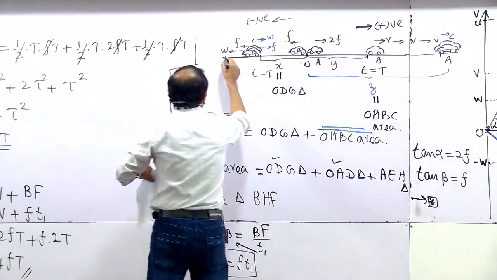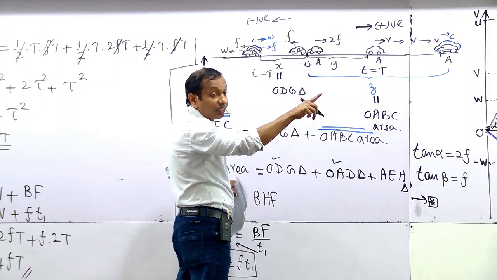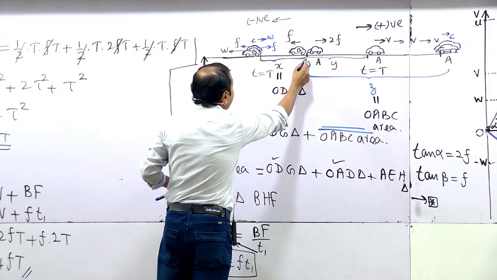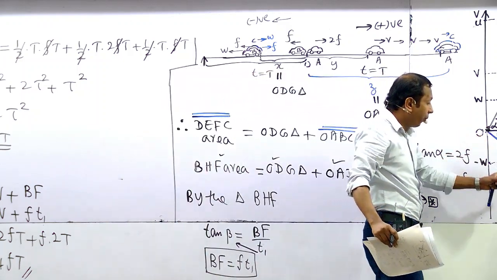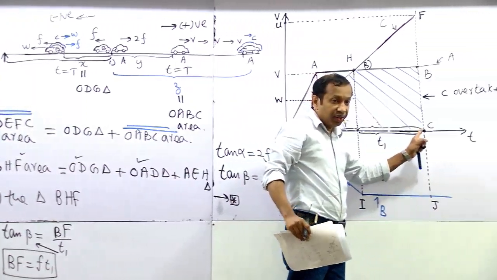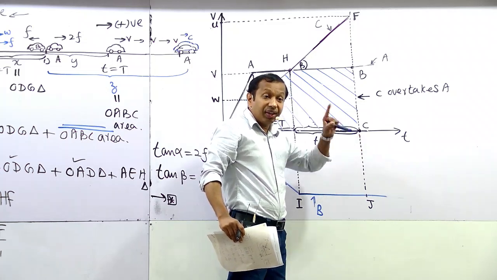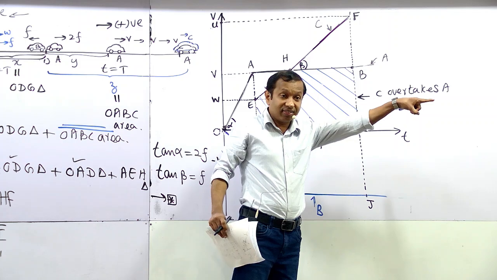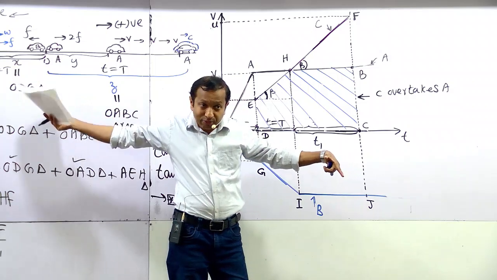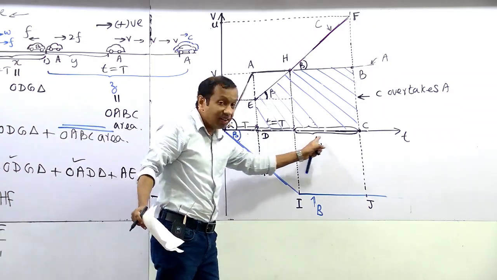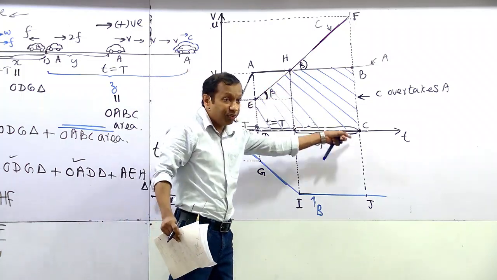Suppose B is somewhere here when C overtakes A. How do you get this area? This distance is given by the OIJC area. Okay? At that moment, A has moved to the right. So what is the distance between them? The distance B moved is given by this area. The distance A moved is given by the OABC area.